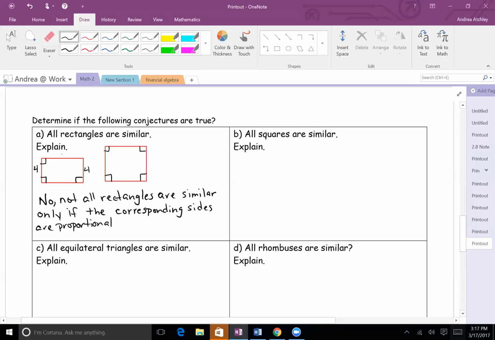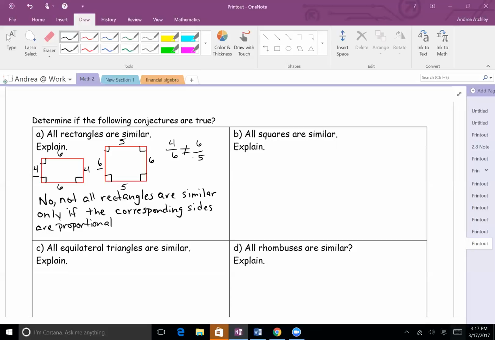Let's say this is 6, this is 6. Well, this could be 6 and 6 here, but this could just be 5 and 5. So your proportion with 4 and 6 is not equal to your proportion with 6 and 5. And you would need those proportions to match in order for this to be proven to be similar.